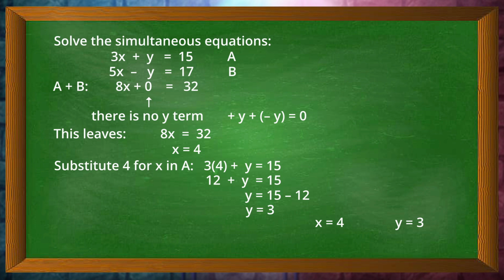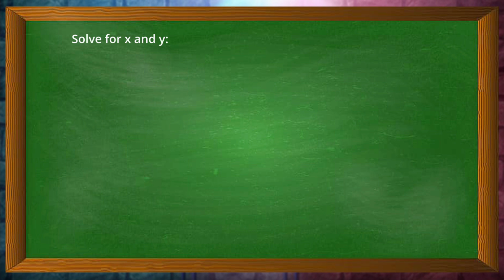As long as two of the terms in the equations are additive inverses, then when you add the equations together, those terms will be eliminated. Look at this example. 3x plus 2y is equal to 16 and minus 3x plus 5y is equal to 19.